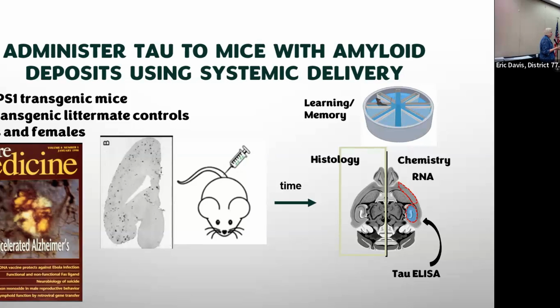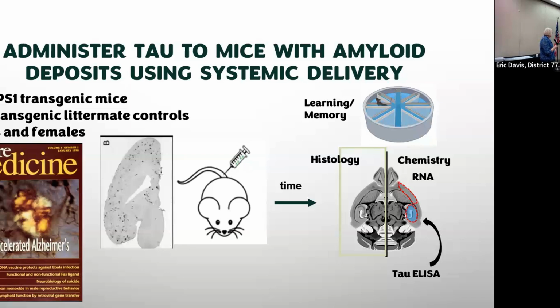And because Alzheimer's disease is huge in women and also men get it, in all of our experiments, we want to use both male and female animals so that we can compare what's going on in the two. Here is a little picture of a mouse brain. You see it kind of looks different than a human brain, but all those little tiny black dots that you can barely see is an amyloid plaque in the mouse model.